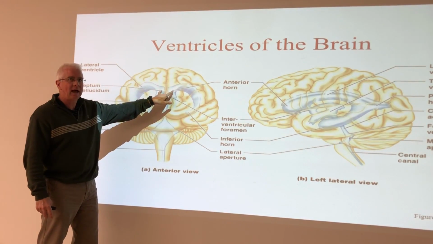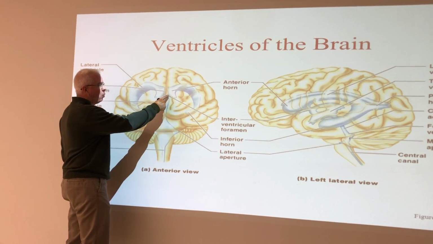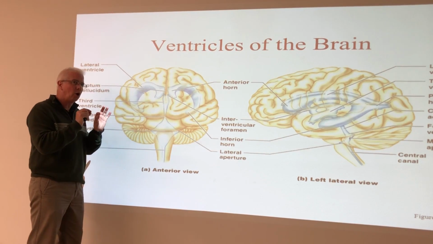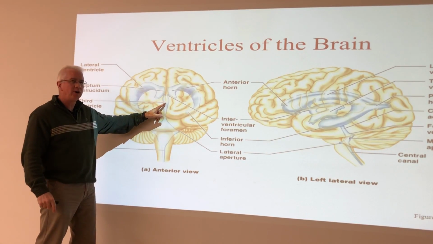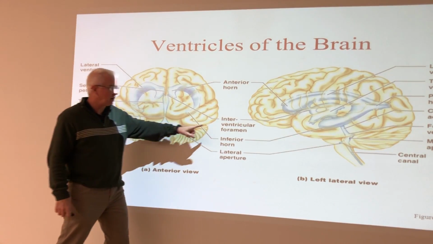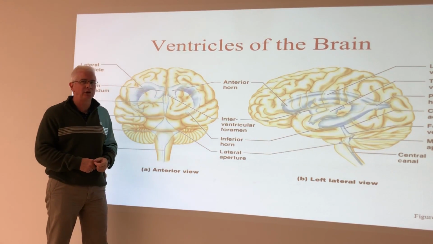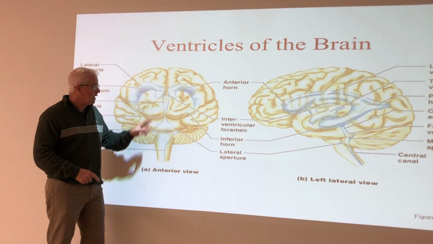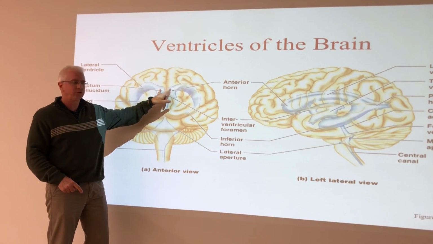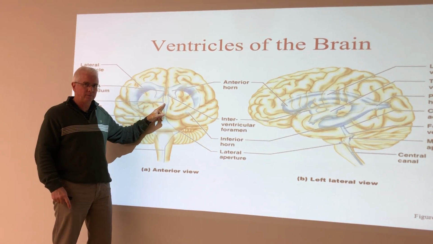Each of those cavities is connected by way of a small channel-like opening into a third ventricle, and that little channel-like opening is called the interventricular foramen. And it connects the fluid in the lateral ventricles to the fluid in the third ventricle.